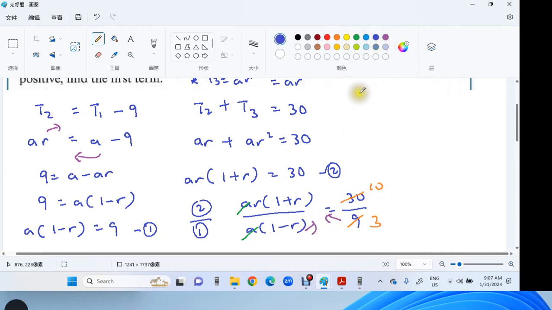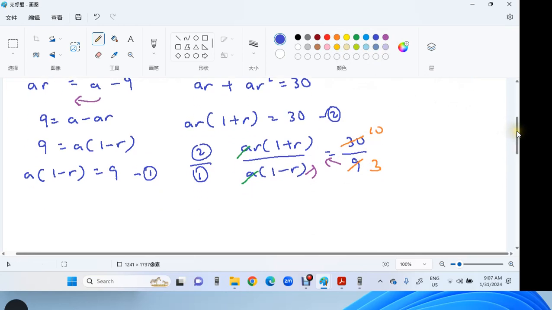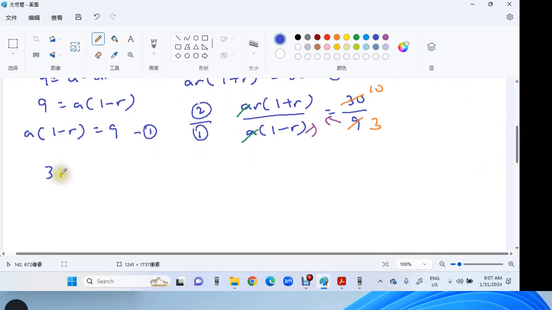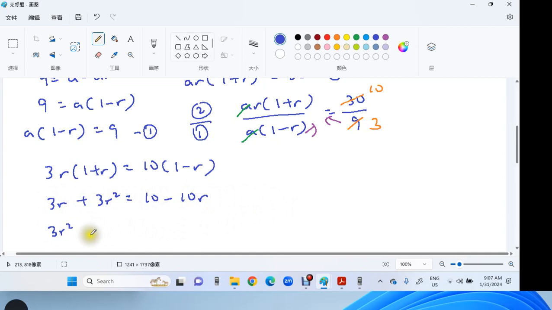Then we have 3R(1 plus R) equals 10(1 minus R). So 3R plus 3R^2 equals 10 minus 10R. So we have 3R^2 plus 13R minus 10 equals 0.